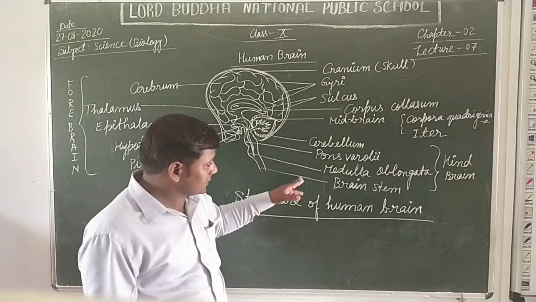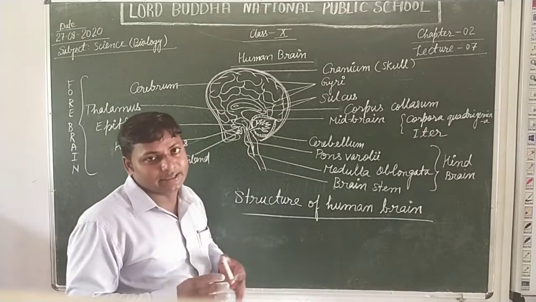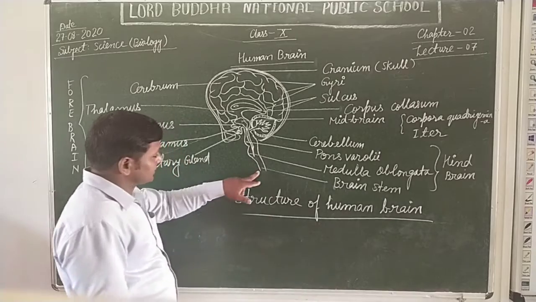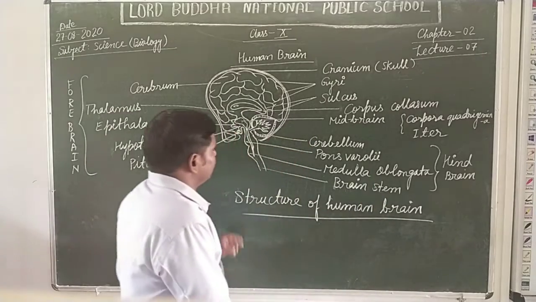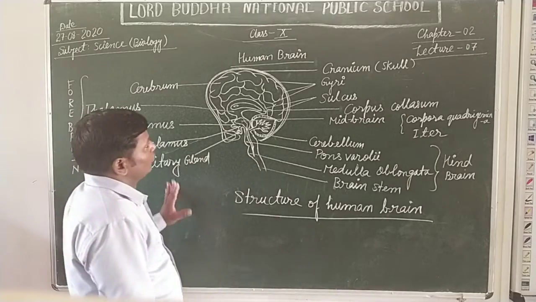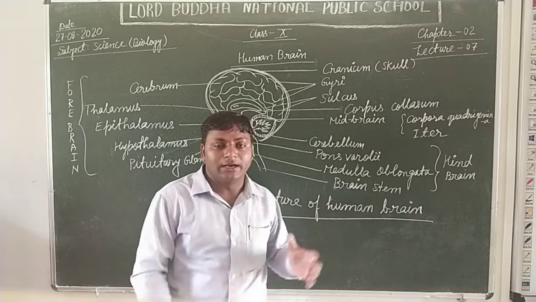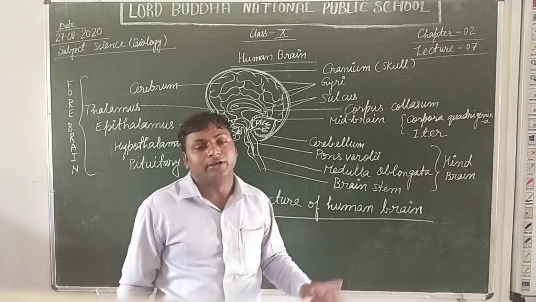That's why this is also called the body balancing region or control site of our brain. Thus students, this is the brain stem that continues into the spinal cord. Thus I hope you understand the human brain and its parts and the function of each and every part of the human brain very well.